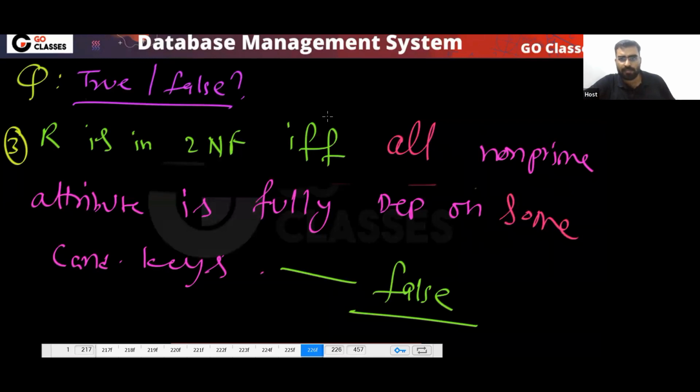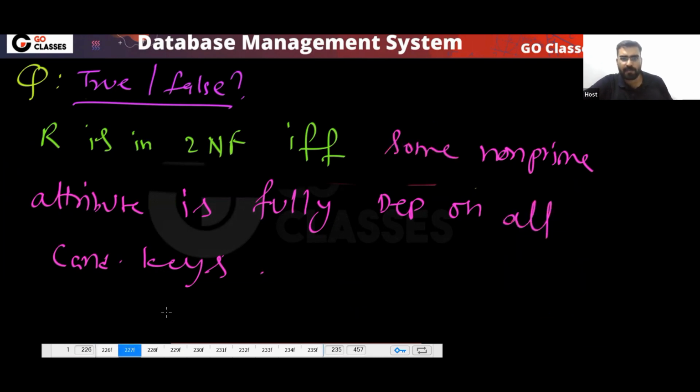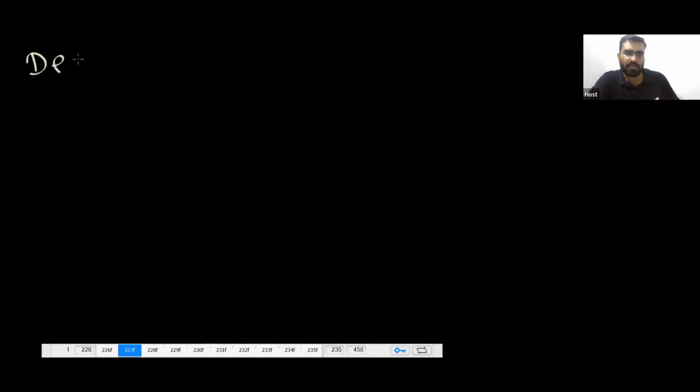This is the problem. It must be fully dependent on all candidate keys. Is this clear? See, this is the definition of 2NF.